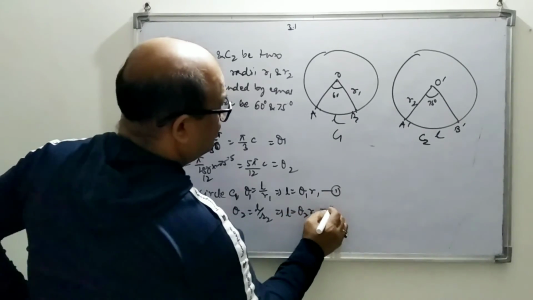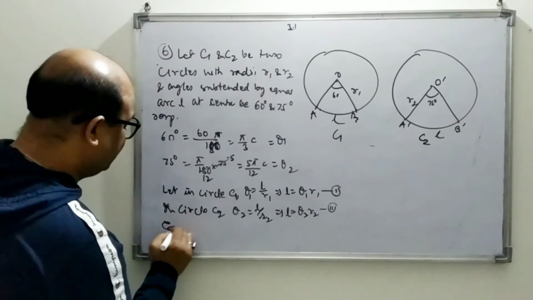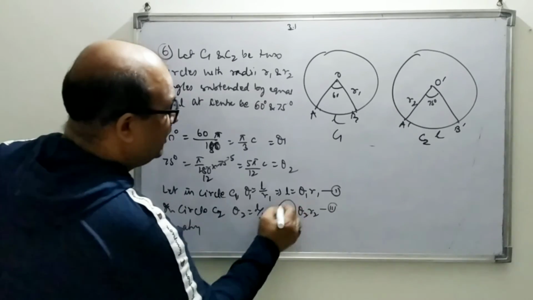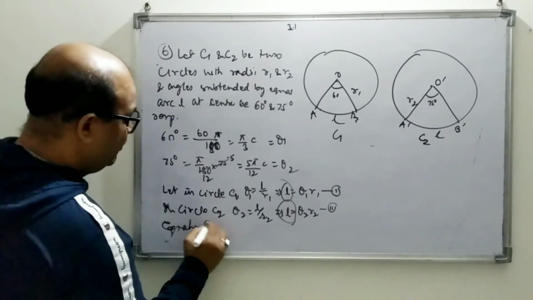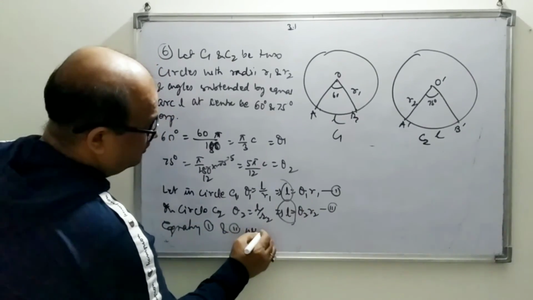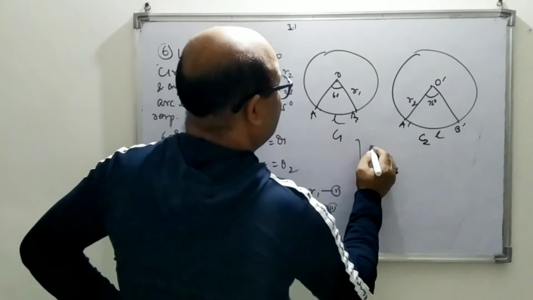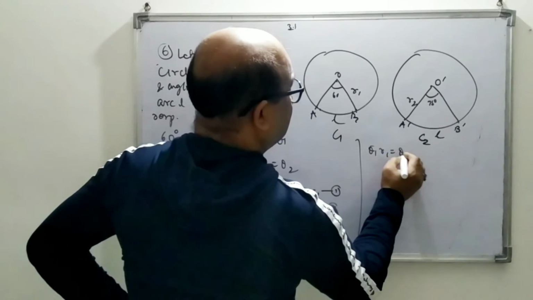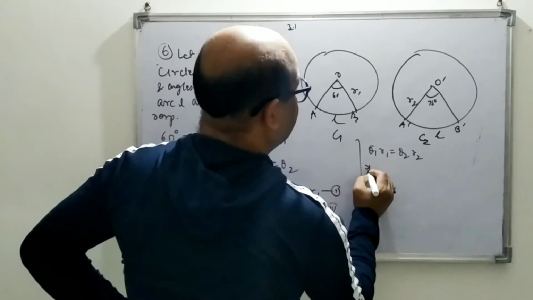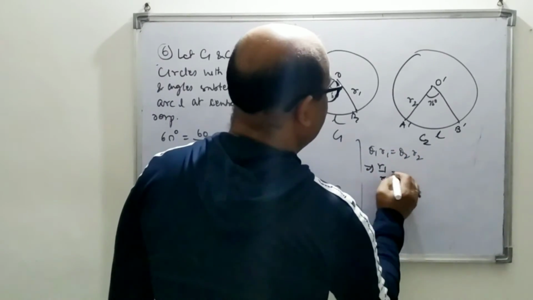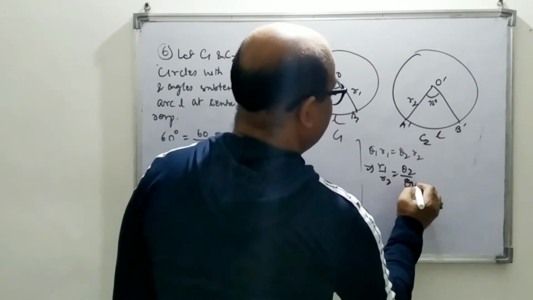That is L equals theta 2 R2. Now equating 1 and 2, because L remains the same, we get theta 1 R1 equals theta 2 R2. That means R1 by R2 equals theta 2 by theta 1.